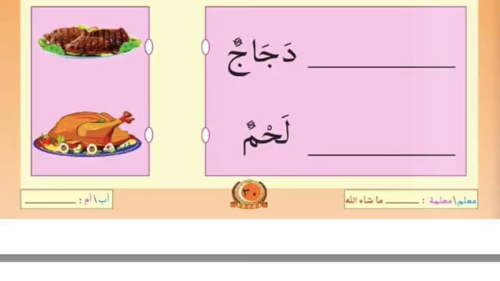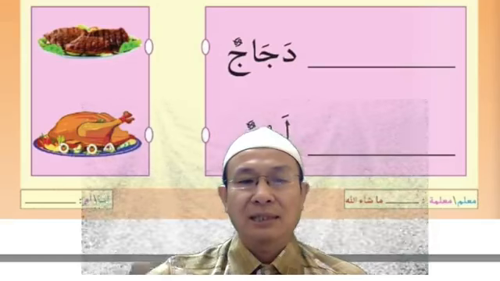So we must use the demonstrative pronoun هذا. We say هذا لحم. This is meat. Alhamdulillah.